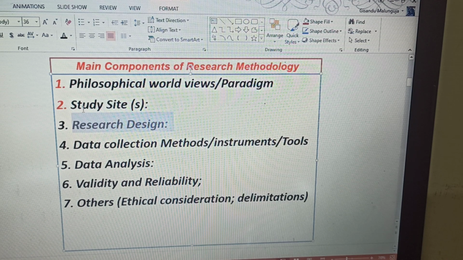Numbers 2, 3, 4, 5, and 6 are so common to most of the disciplines. Some disciplines, like engineering, may have their own style because their studies could differ from the other social and natural science related studies.